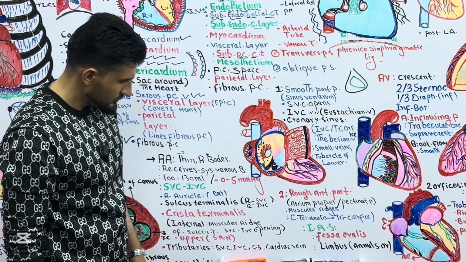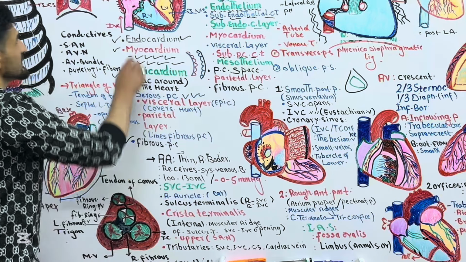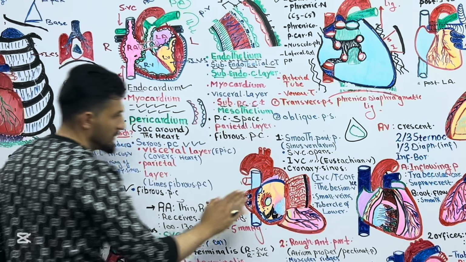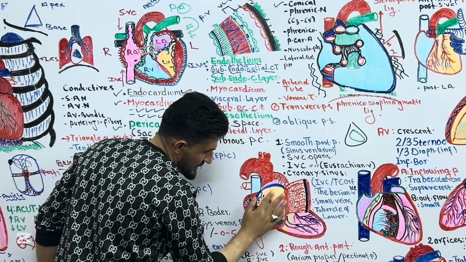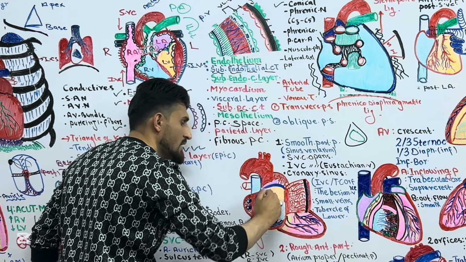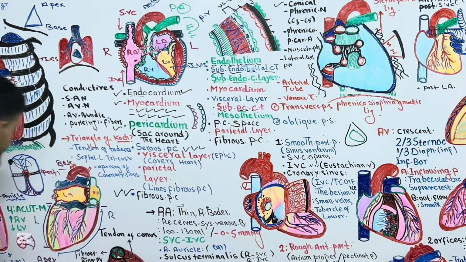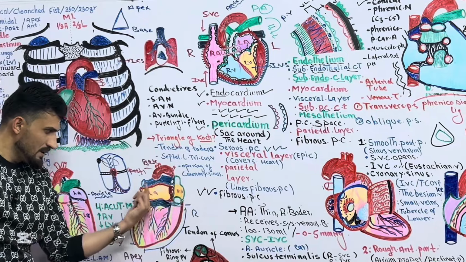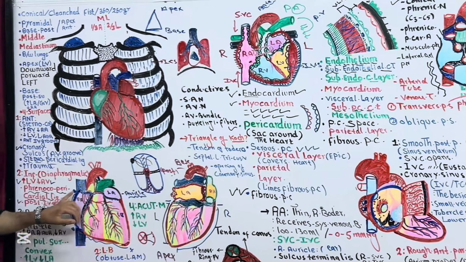About the interatrial septum: this is one atrium, this is another atrium, and between two atria we have a septum. You can look here, this is the interatrial septum, because posterior to this we have the left atrium. For example, this is the right atrium, this is the anterior part, and from this part, this is the posterior part. So here we have the left atrium, and this is the right atrium.